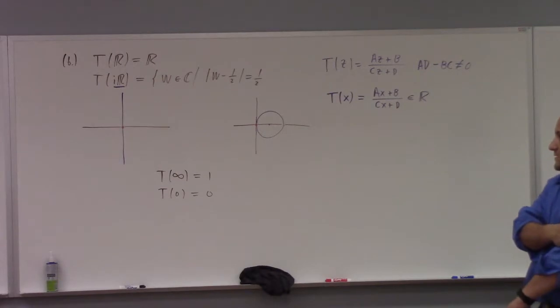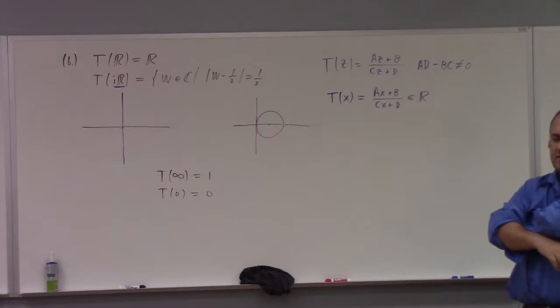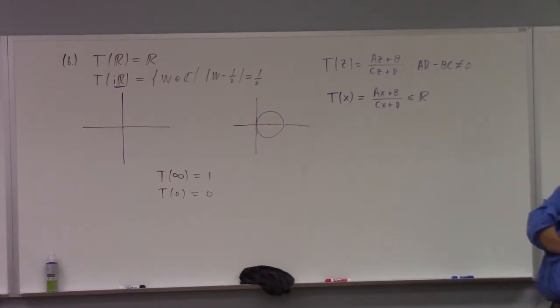Now you want to look at the circle. Now you said T of 0 is 0. That's a choice we could make. I guess the question I'm kind of lost on is, maybe I'm just missing something, because there's lots about fractional linear transformations that I don't know.